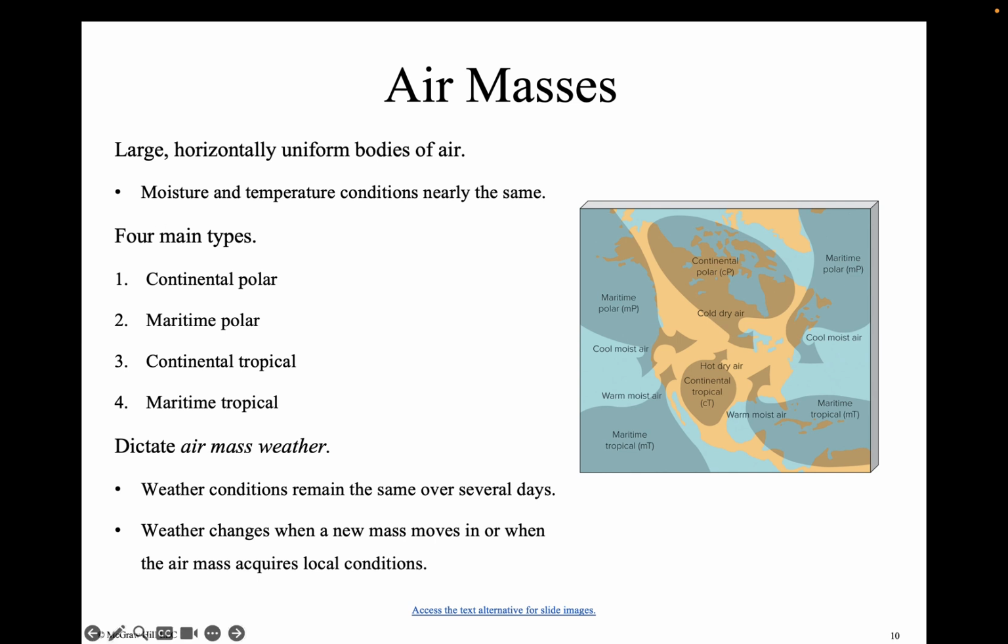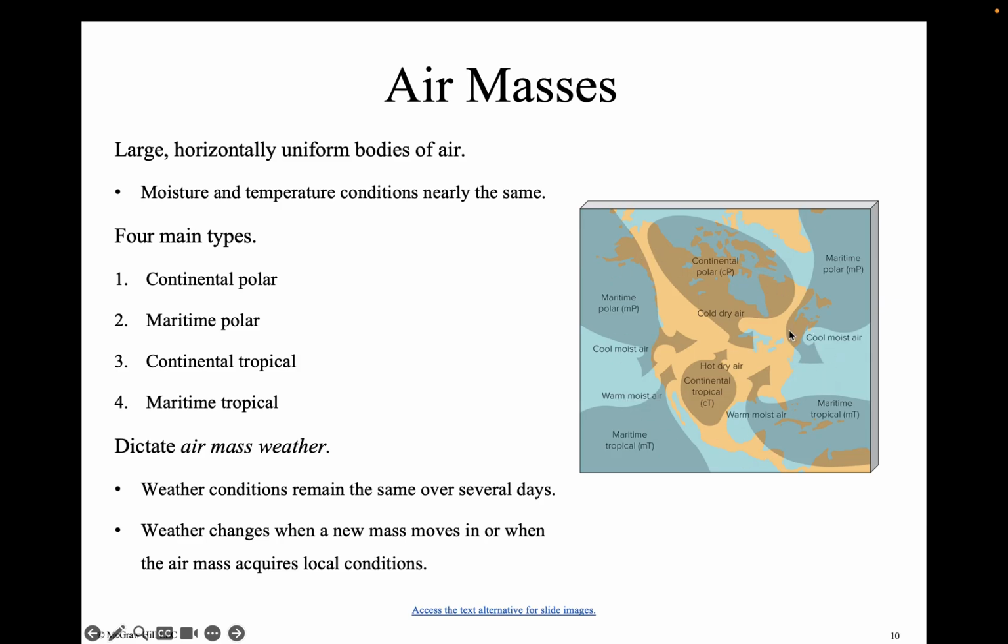You can have the continental polar, formed on land, which means it's dry and cold. You have the maritime polar, which is moist and cold. You have the continental tropical, which is dry and warm, and the maritime tropical, which is moist and warm.